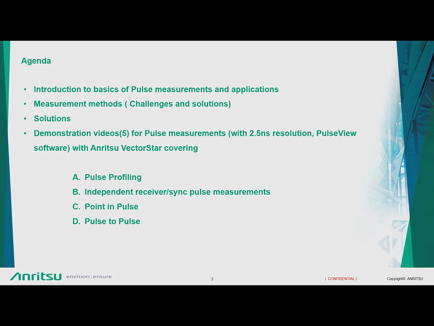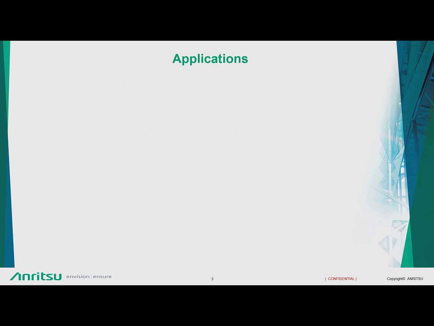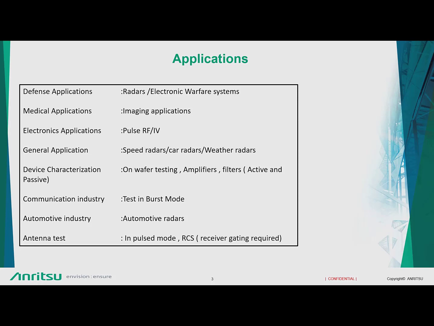But moving on, let's talk about the applications which require basically pulse measurement capabilities. So the applications basically for pulses are huge. The first and foremost application is for defense, because these guys use radars a lot, and then also for electronic warfare systems.